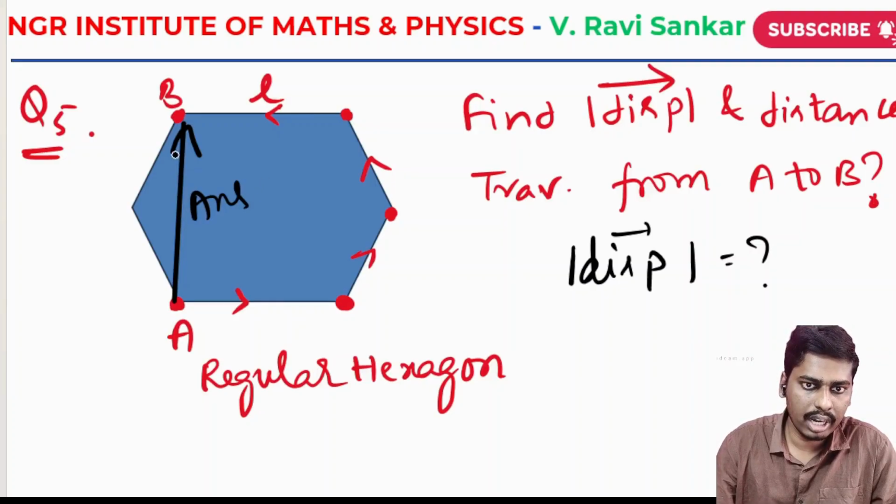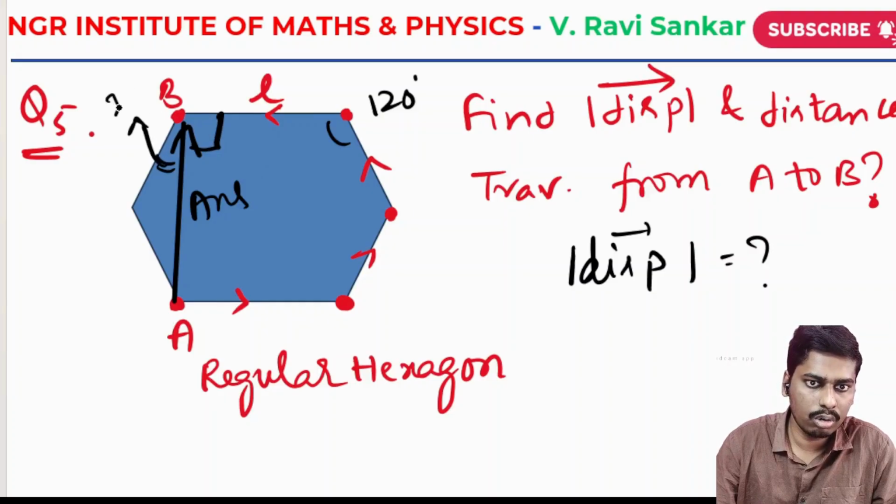To get this, since this is 120 degrees in a regular hexagon, this angle is 90 degrees and this will be 30 degrees.